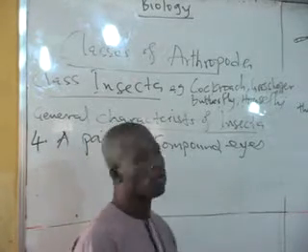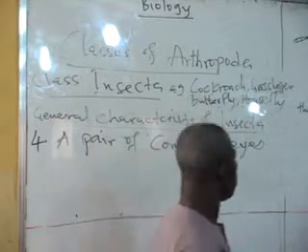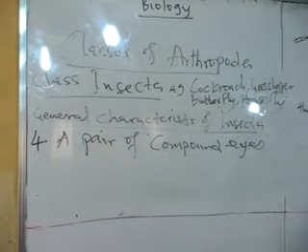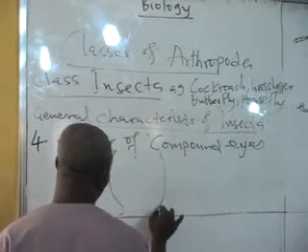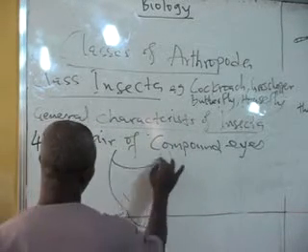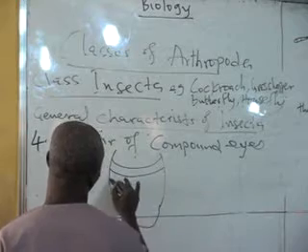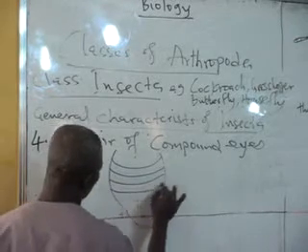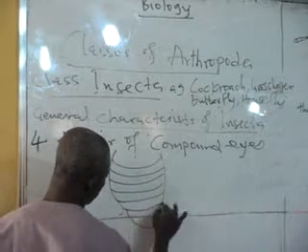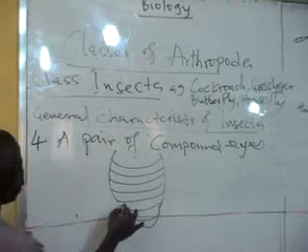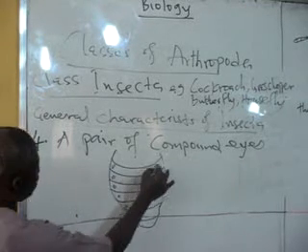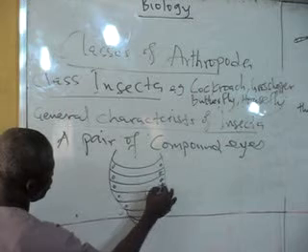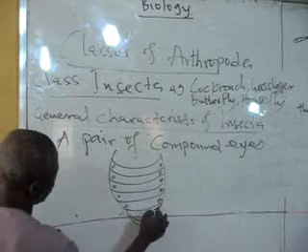Another thing that may not be peculiar to them is the presence of spiracles on the abdominal segments, on the abdomen, with its segments. On the abdomen, we have openings at the ventral side of the abdominal region.